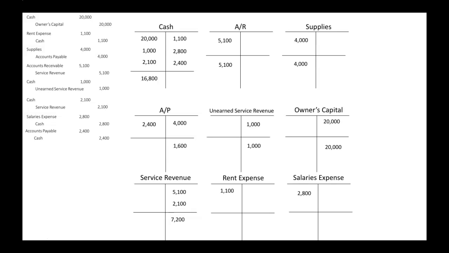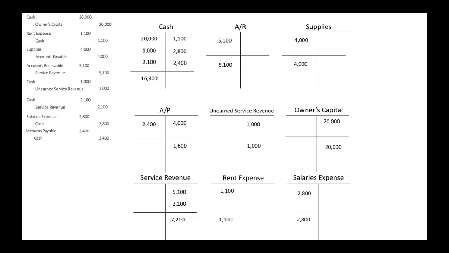Now, if we look at this from the revenue perspective, revenues go up with credits, so that was a positive 5,100 plus another 2,100. And that's how we end up with this balance of 7,200. Now, rent expense and salaries expense, those just had single entries affecting them. So we just bring those balances down.